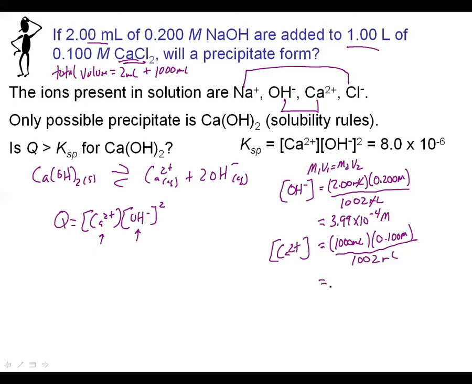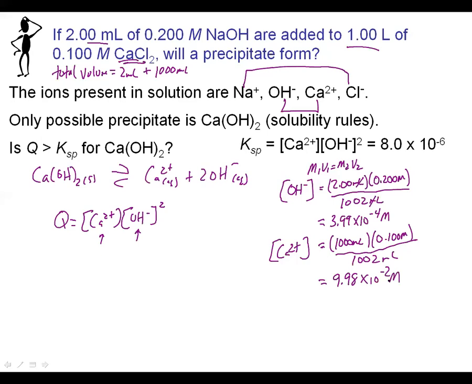The milliliters cancel, leaving us with molarity. That gives us 1,000 times 0.1 divided by 1,002, and that gives us 9.98 times 10 to the minus 2 molar.